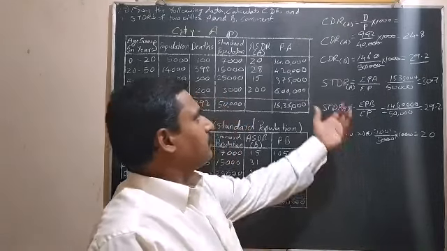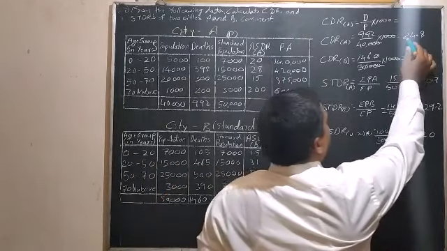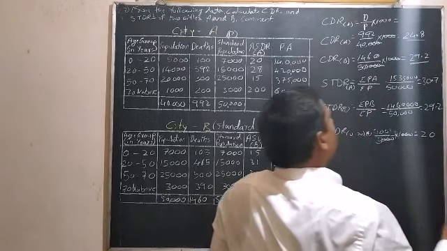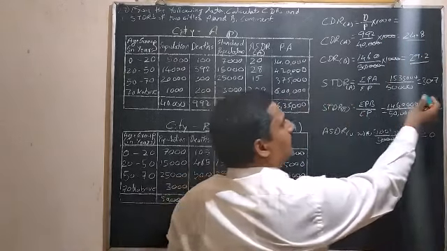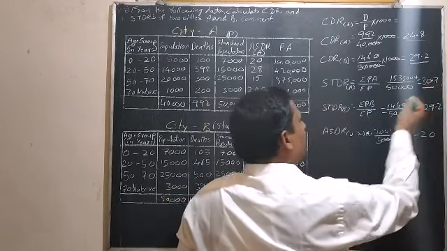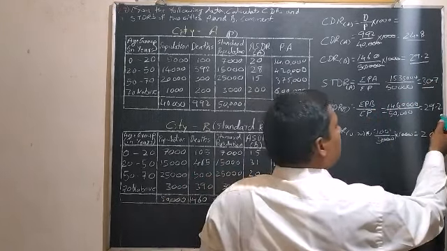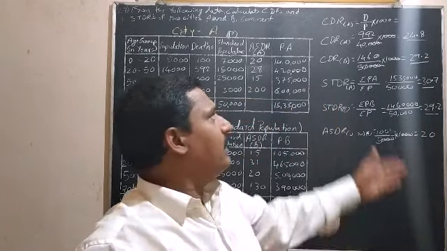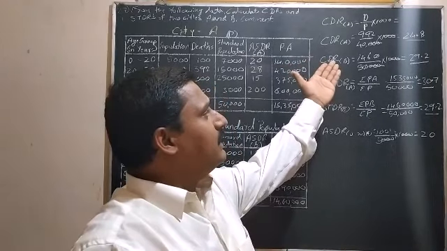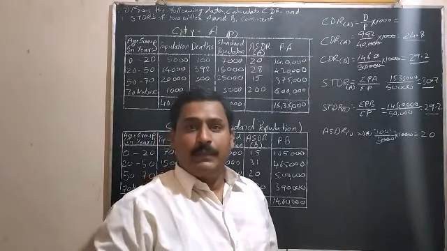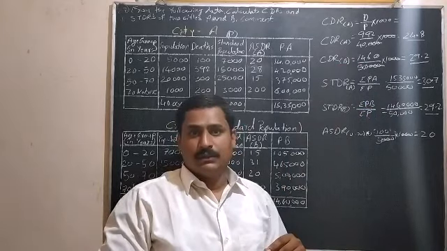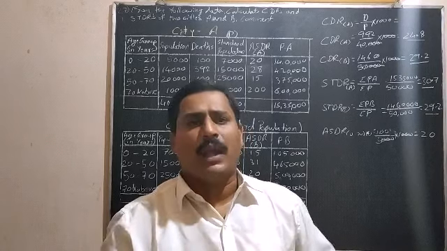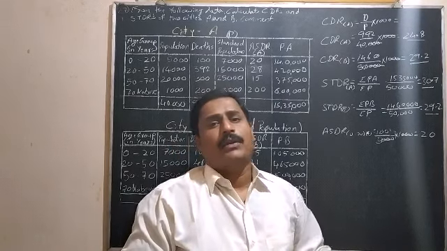Okay, and here CDR is 24.8 for location A and CDR for location B is 29.2, and STDR is 30.7 for location A and STDR for location B is 29.2. And here we can say, by referring to the CDR, the death rate is less for location A, that is 24.8. However, we don't use that to compare, because it doesn't tell the accurate result.